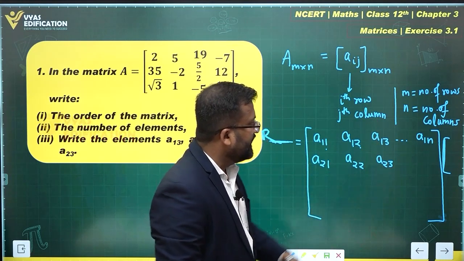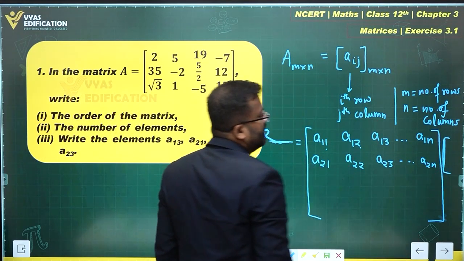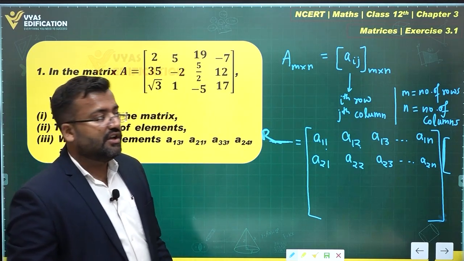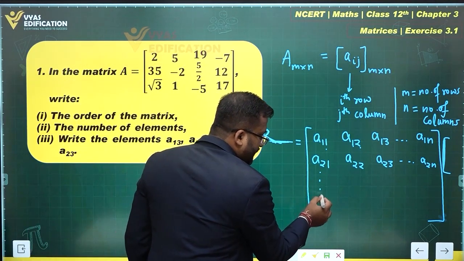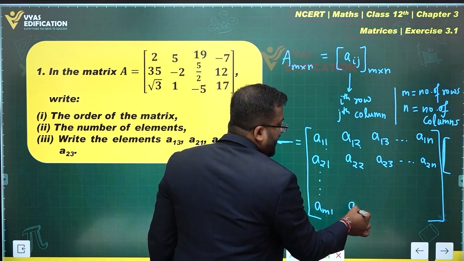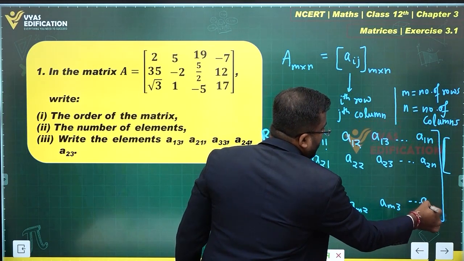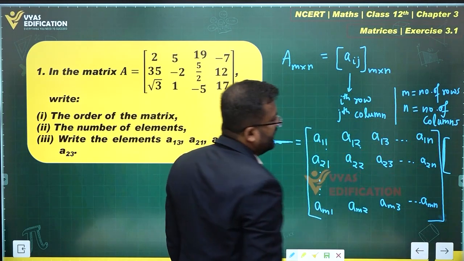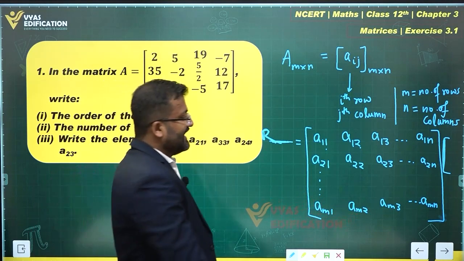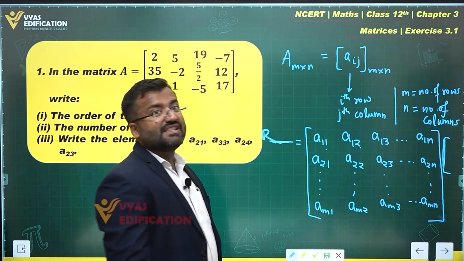At the end you'll have A2n, which implies second row and nth column. Correspondingly, we have the last row, the mth row: first column, second column, third column, and the mth row, nth column, in this manner. These are all the elements present in this matrix, and that's the complete form.